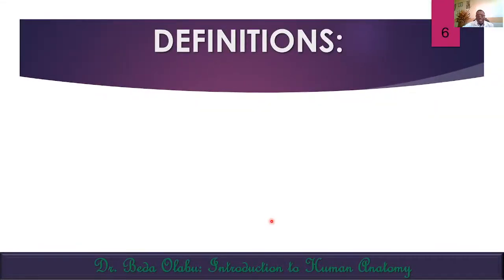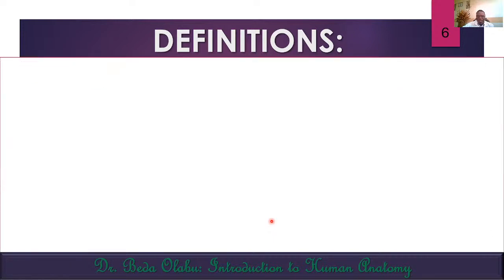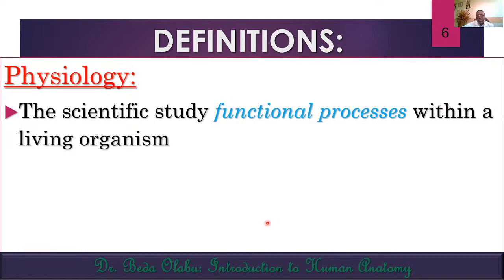Now, closely related to anatomy is physiology. What is physiology? Physiology is the branch of science that is concerned with studying functional processes that take place within a living organism.